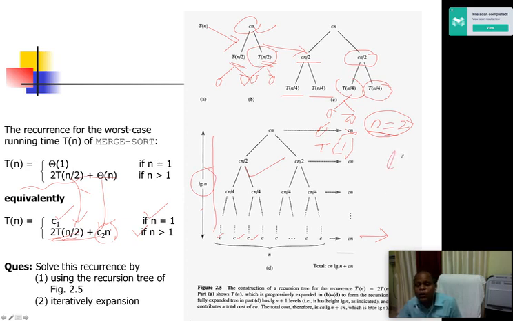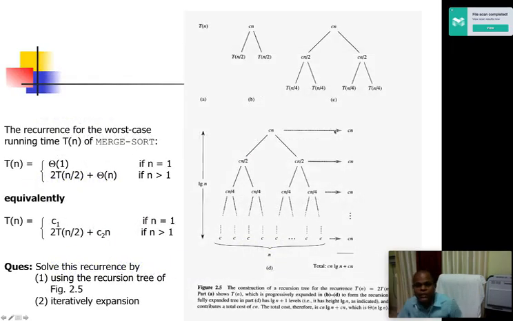There will be log n plus 1 levels, but the height is log n. Now, what is the time complexity? The time complexity is the time used in each node; if you add all the nodes, the result will be the time complexity.